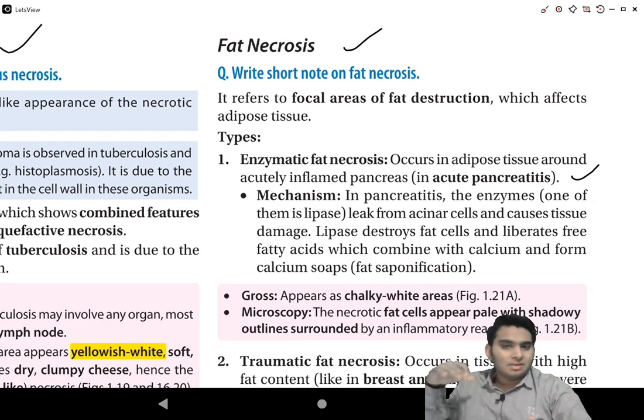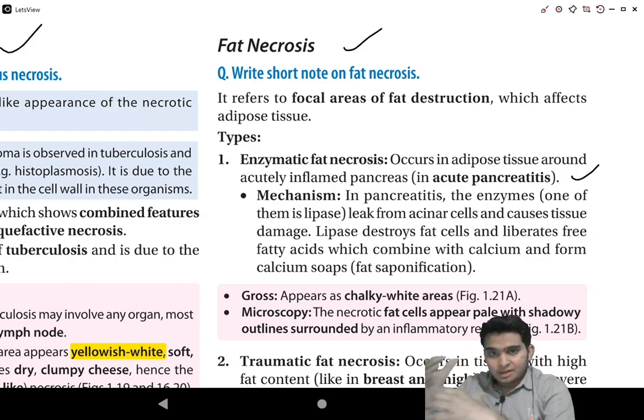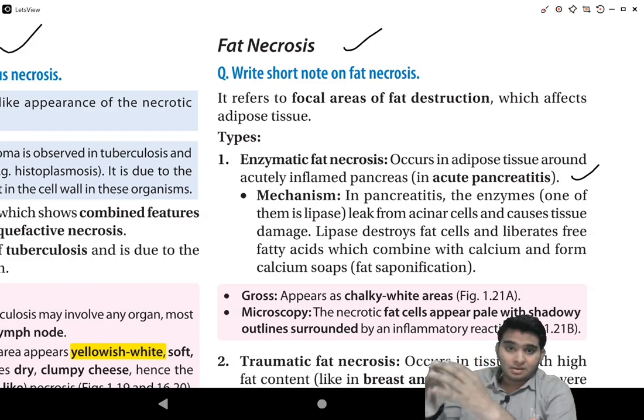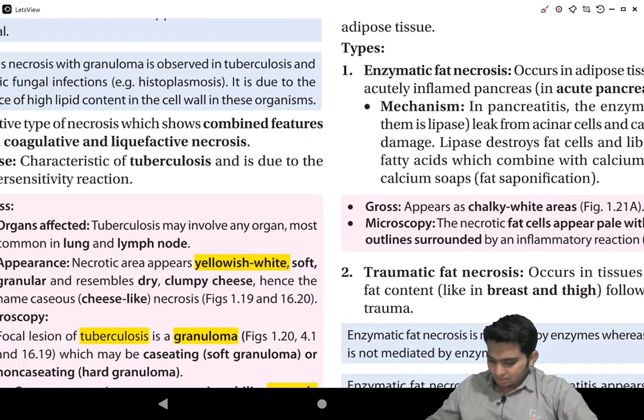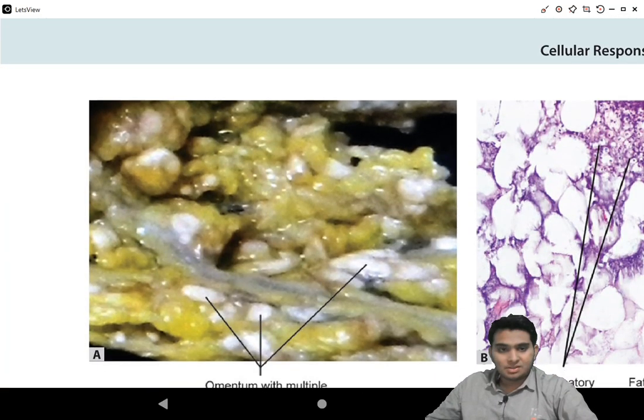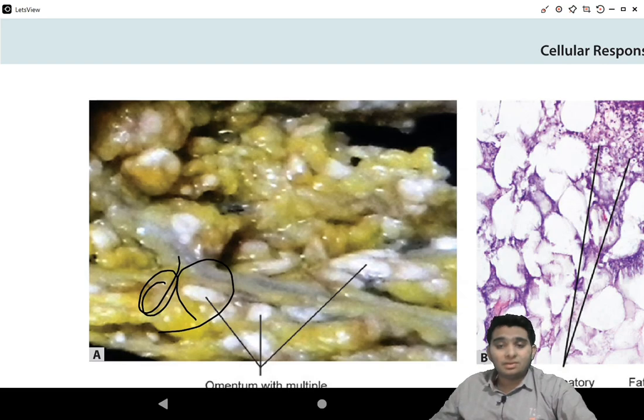In pancreatitis, enzymes, mainly lipase, leak from acinar cells and cause tissue damage. Lipase destroys the fat cells and liberates free fatty acids, which combine with calcium and form calcium salts. This is fat saponification. It appears as chalky white areas, as you can see in this image.